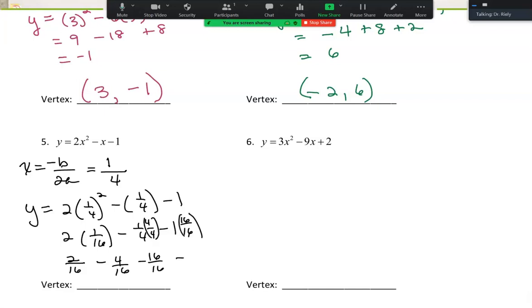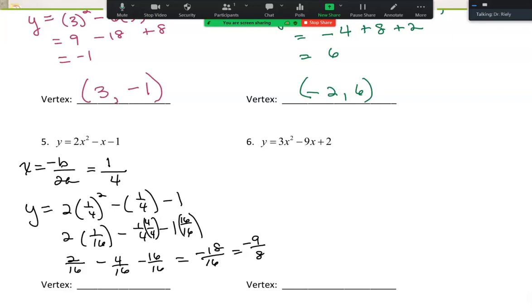So now what do we have? 2 minus 4 is a minus 2. Minus 2 minus 16 is a minus 18/16. That's also a minus 9/8 if we divide them by 2.